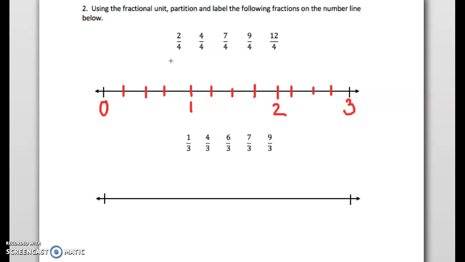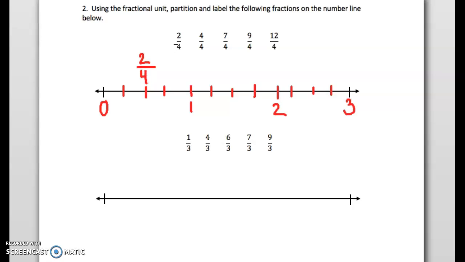Now, luckily these are in order from smallest to biggest, so we can just count beginning with 0/4 up until we hit each of these fractions on our number line in order to label them. So let's begin at 0/4. Count with me. 1/4, 2/4, and 2/4 is one of our fractions. So we can label that point right here.